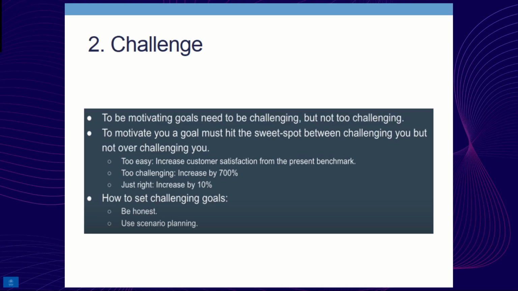Ask yourself honestly if your goal is too easy, too challenging, or just challenging enough. Think about what scenarios might arise to slow down your progress. Plan ahead. Perform some scenario planning to determine how you are going to push through these challenges if they arise.